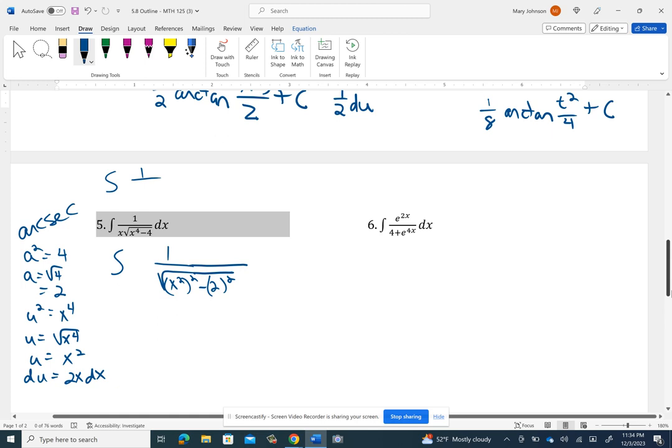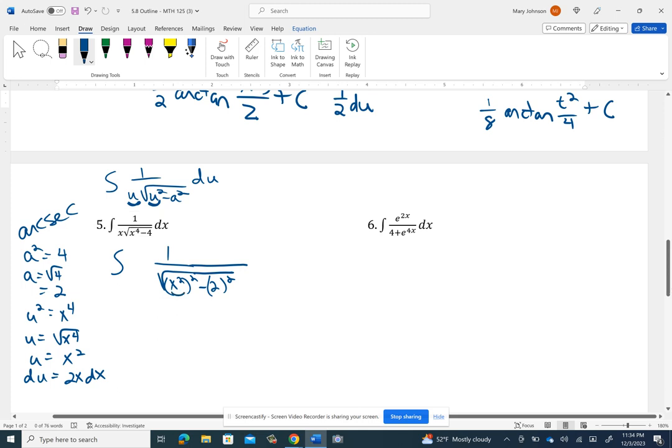When you're doing your arcsecant one, that formula is 1 over the u, and then it has the square root of u squared minus a squared, du. So whatever that is there, I need that out front.